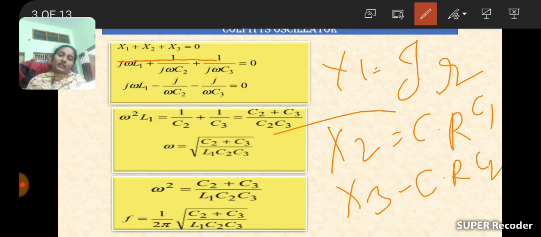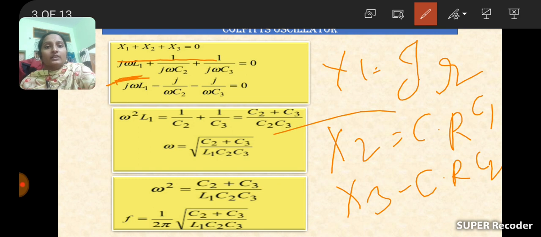Inductive reactance is j omega L1, and capacitive reactances are 1 by j omega C, the reciprocal of omega C. So finally, j omega L1 plus 1 by j omega C2 plus 1 by j omega C3 is equal to 0.